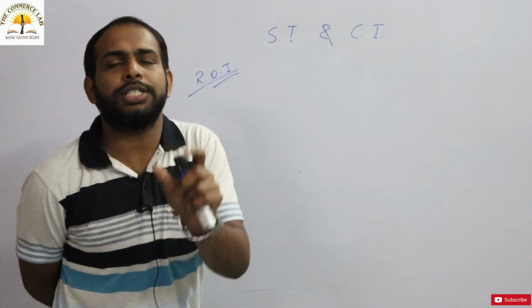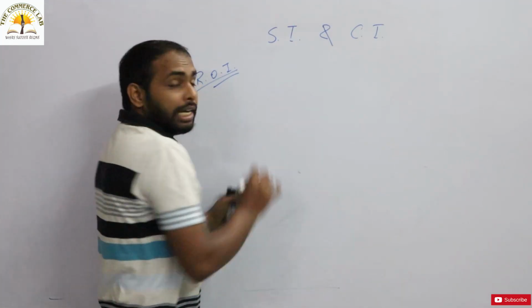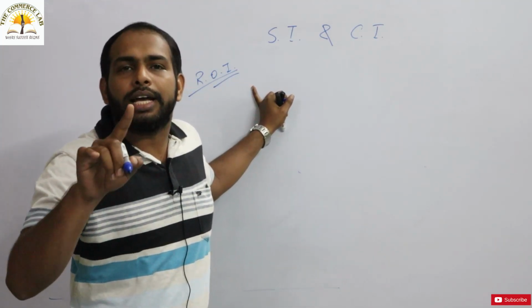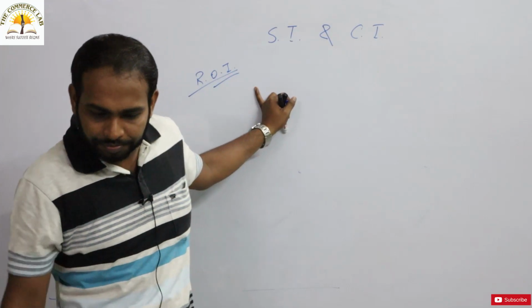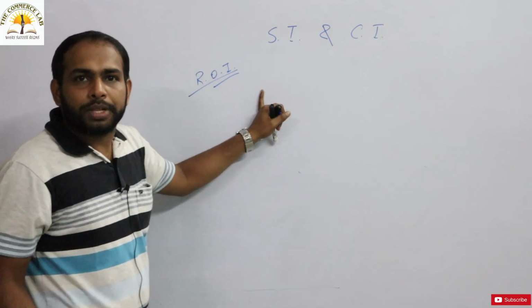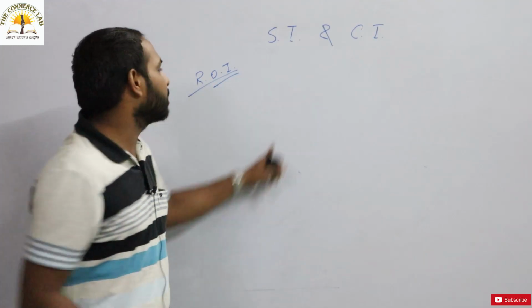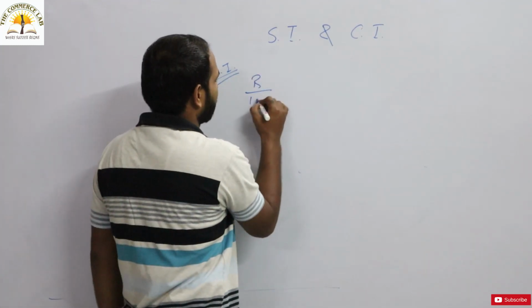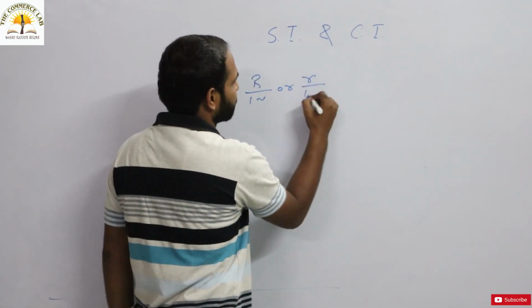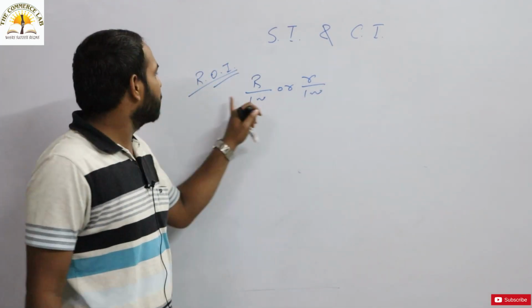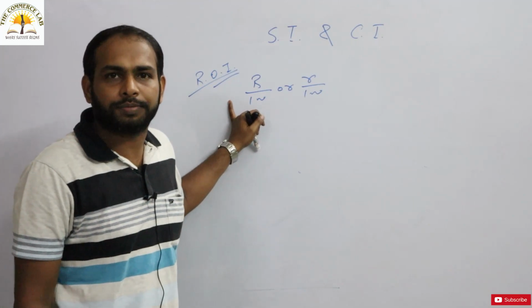Rate of interest is given yearly per 100 rupees, and it is denoted as R by 100 or small r by 100, whatever you may write. This is known as rate of interest.